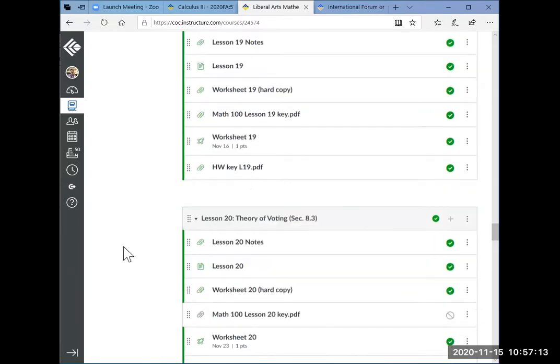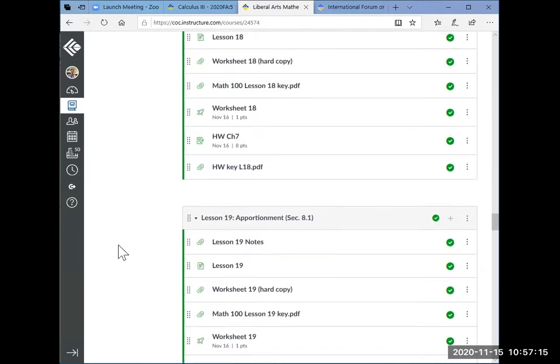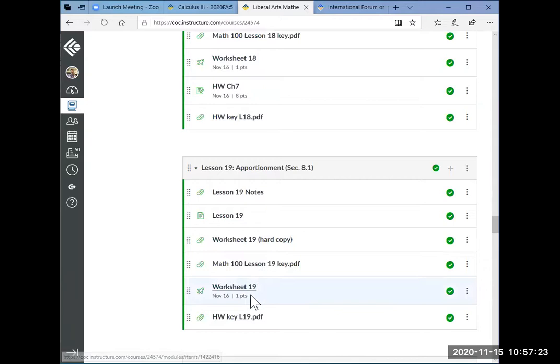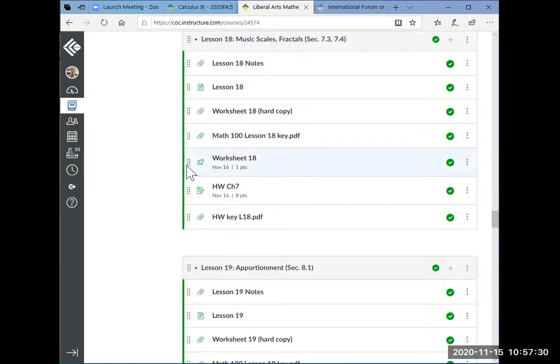And so what's coming up is, you have the worksheets due for these two lessons. Worksheet 18 is due tomorrow, November 16th, and worksheet 19 is due on November 16th, which is also tomorrow. For worksheet 18, you had two drawings to do, because I had two questions on fractals.